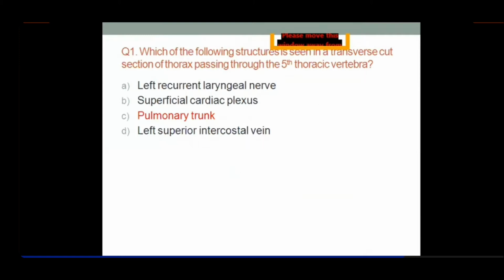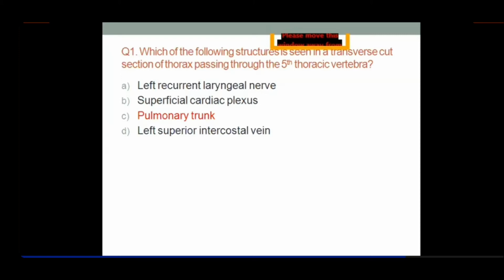So left recurrent laryngeal nerve will not be seen below the T4 segment, below the transverse plane. It will be seen in the T4 or T3 cut section, because here we are talking about T5, the upper level of the body of sternum.